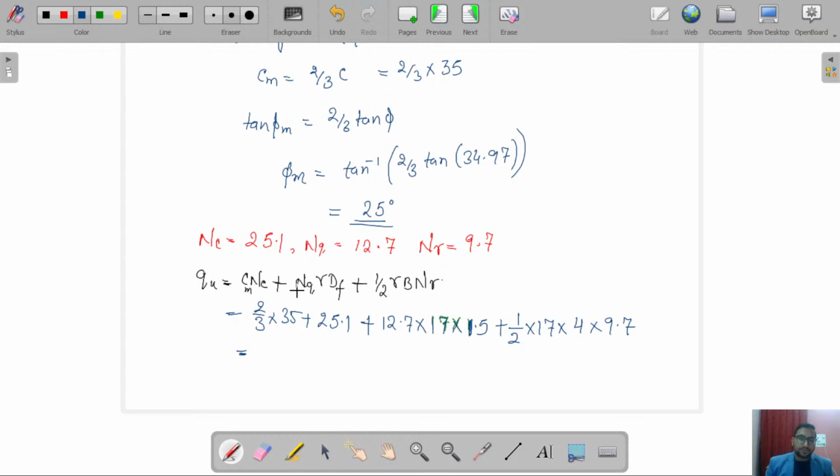Just solve this one. It is multiply C and NC plus NQ gamma DF plus half gamma B and N gamma.